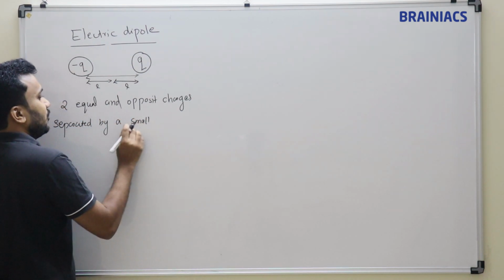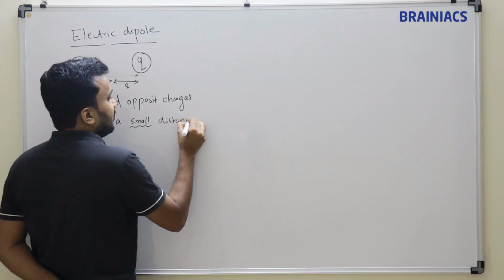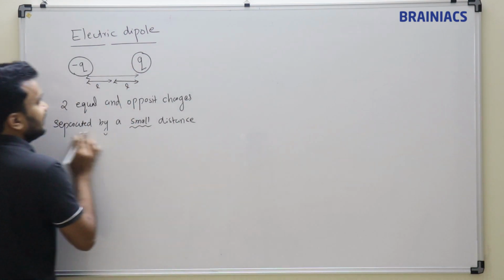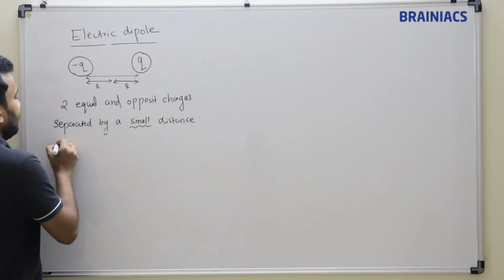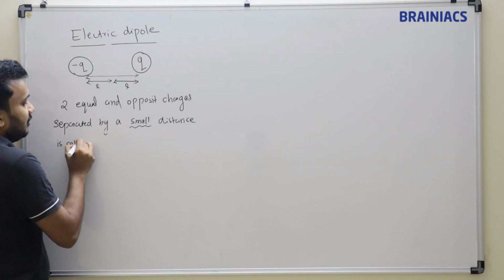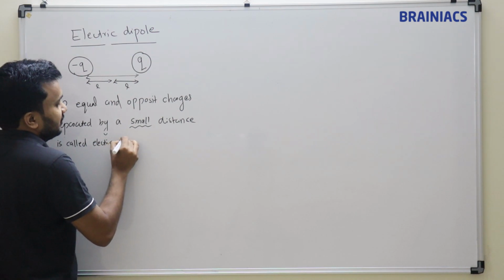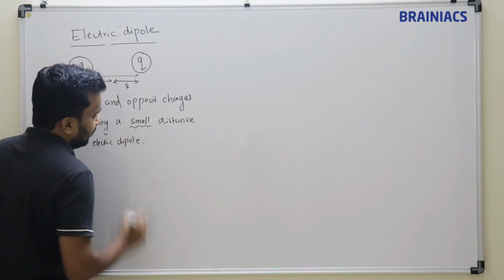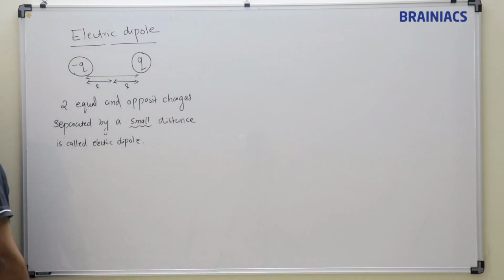This word is important, small distance. What is the separation distance here? L plus L, total is 2L. Separated by a small distance is called electric dipole. So this is called electric dipole. Hope you understood. It's quite simple representation.